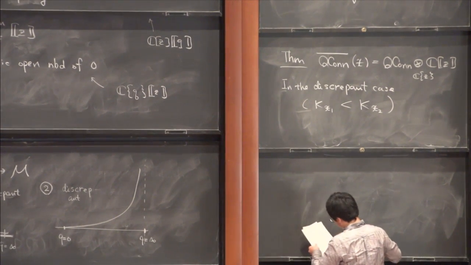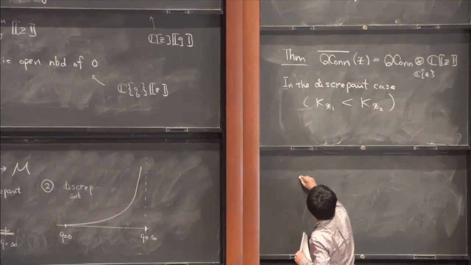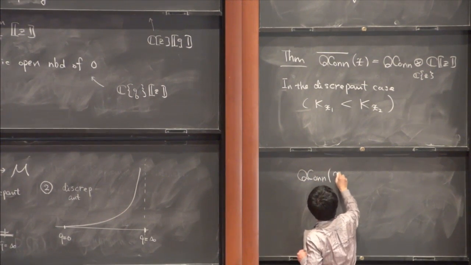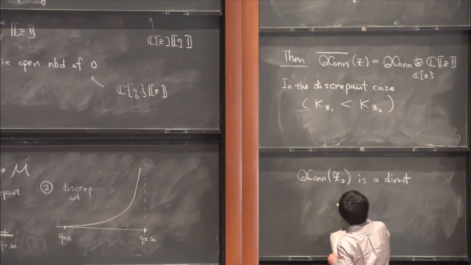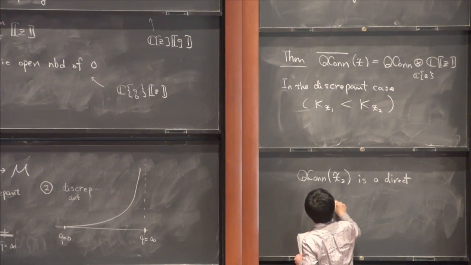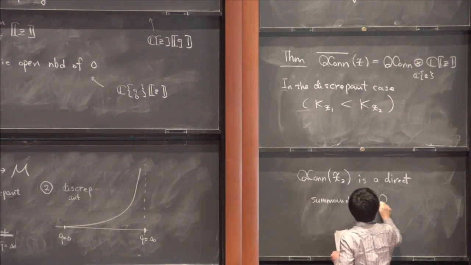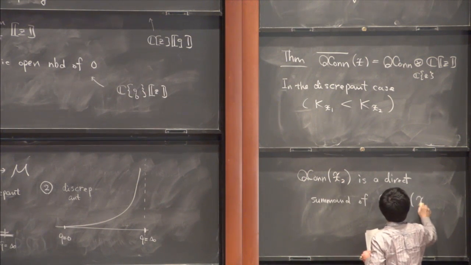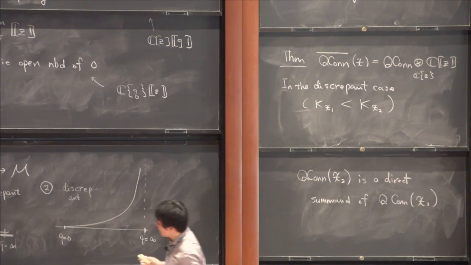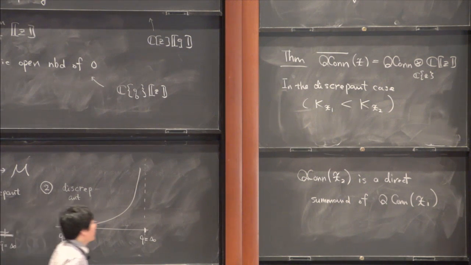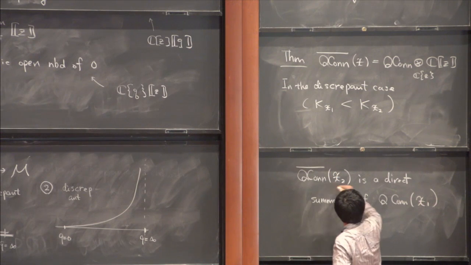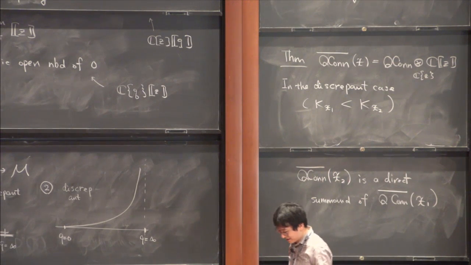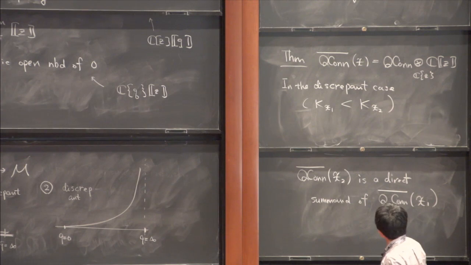In this case, the quantum connection of X2 is a direct summand of the quantum connection of X1. This generalizes the Gonzalez-Woodward result to quantum connections. Here the bar means completion with respect to z.